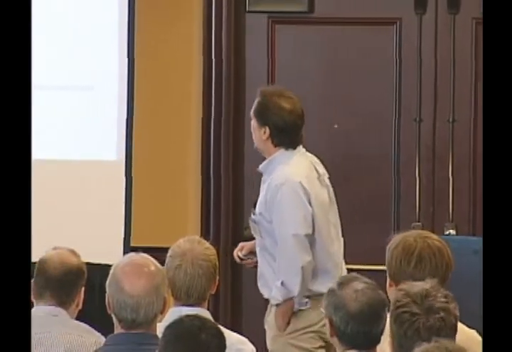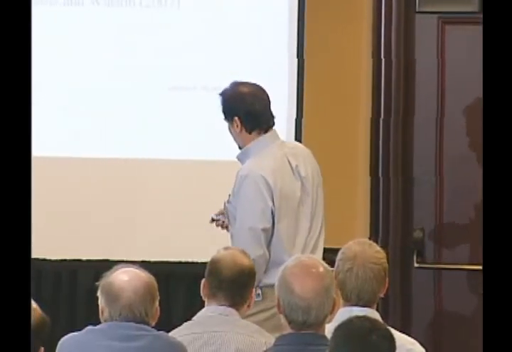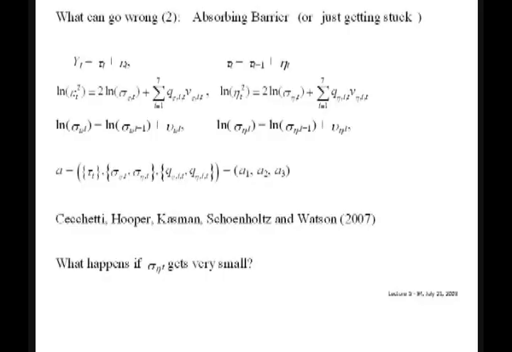This model was used in this paper with Jim Stock and also in a paper with these guys. I was going to call this Cicchetti et al., but I figured I should put my name here.